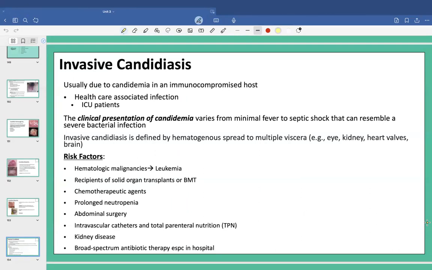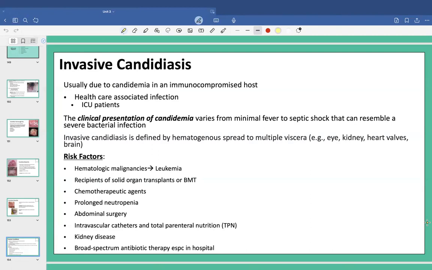This is one of the most common causes of bloodstream infections in hospitalized patients, often resulting in long stays and possibly death. So if your patient has been in the ICU for a long time, this is something to be concerned about.